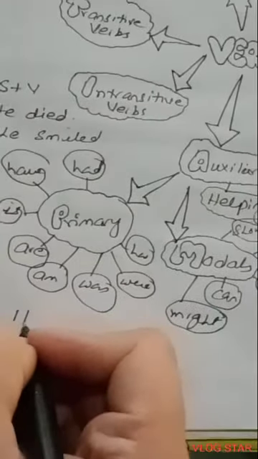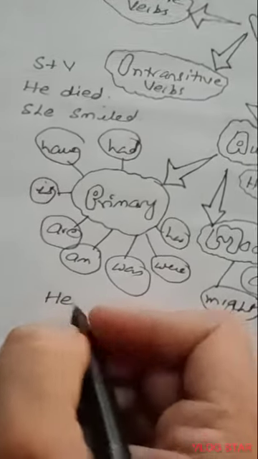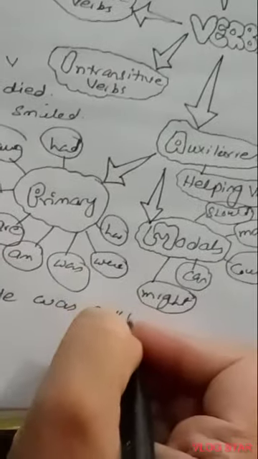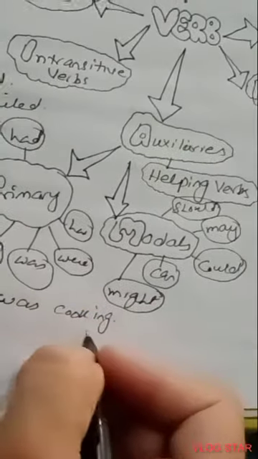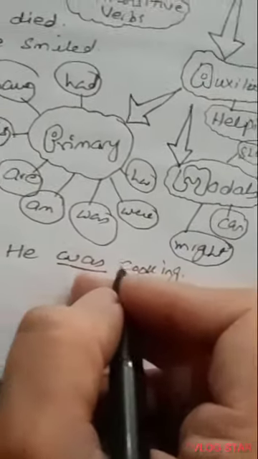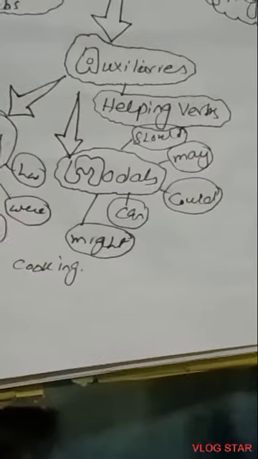For example, I can say he was cooking. If I say he was cooking or he is cooking, this will only show the tense. That's it. This is the only role for this auxiliary in this one. But modals have something else to do. They have to show more than that.